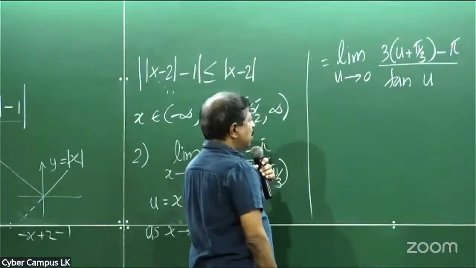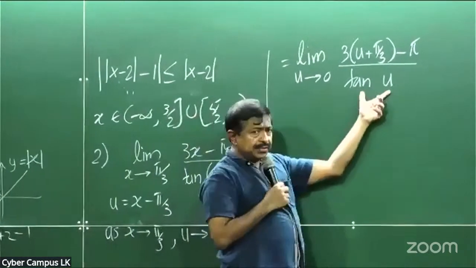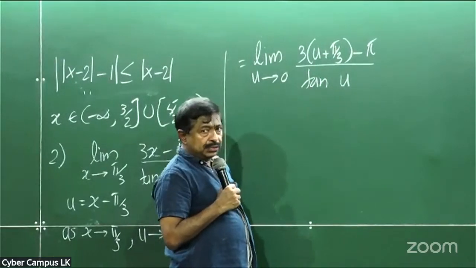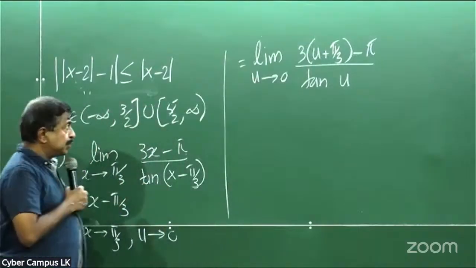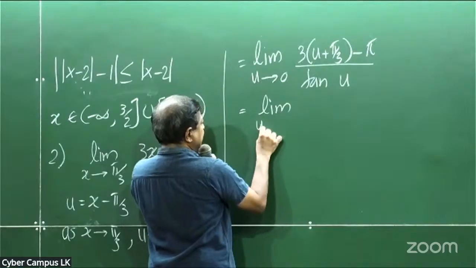Right? Now, when you have a tan, we don't know what to do with that. Earlier we had the results in the syllabus, like tan u over u is 1. Now we don't have it in the syllabus. Therefore, we have to convert it into sine and cosine.